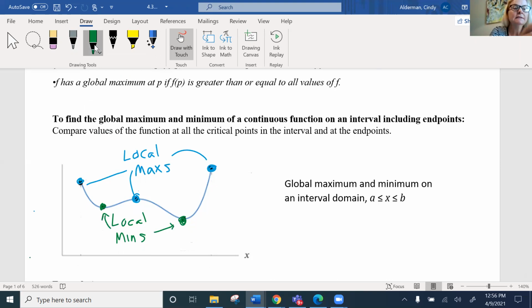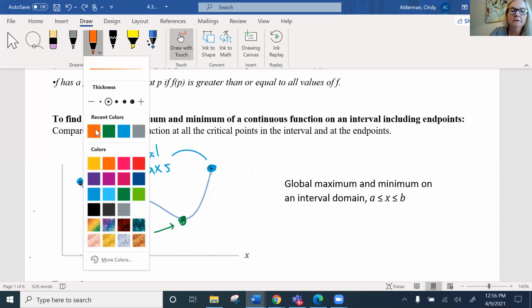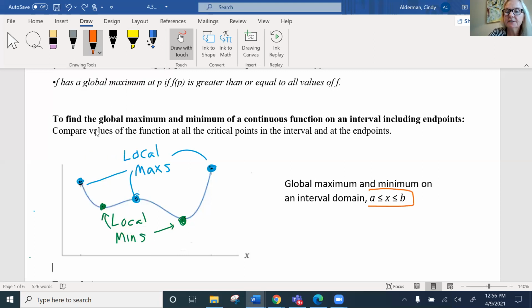And let's say that it's over this specific interval, from this x value of a all the way to this x value, which is b.